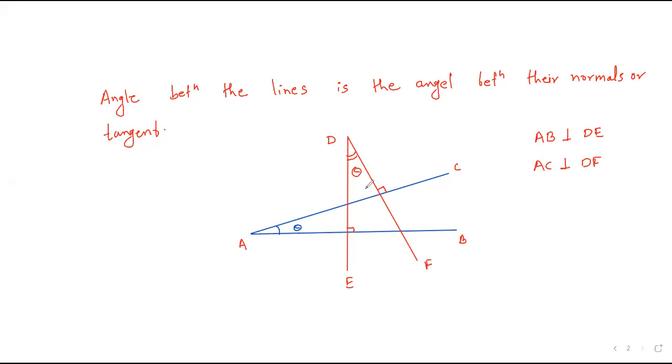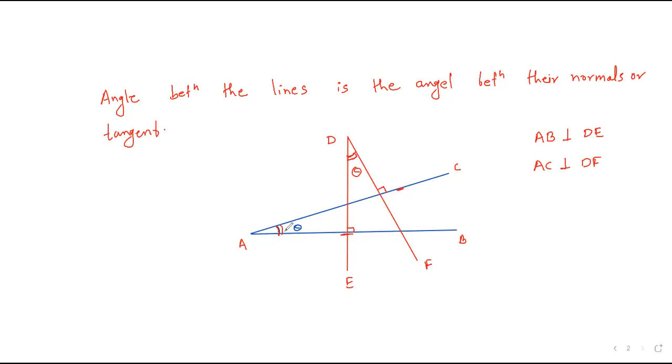Whenever two lines are there, and you draw two more lines perpendicular to the earlier lines, then whatever the angle between the earlier lines, it must be equal to the angle between the new lines. The key point is that if this angle is theta, this angle is also theta, because for this AB, this line D is perpendicular, and for this AC line, this DF is perpendicular.